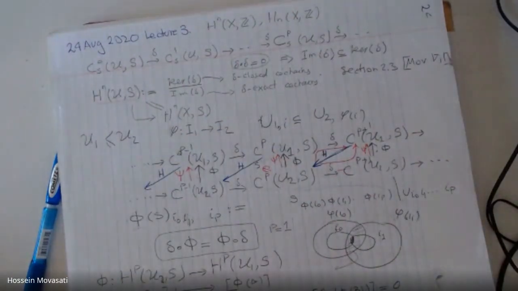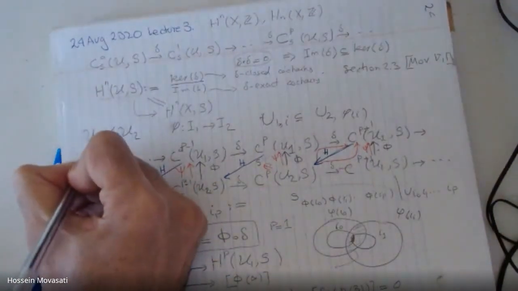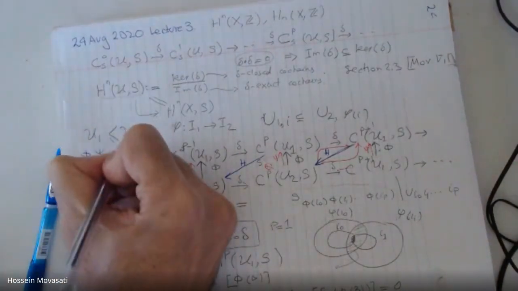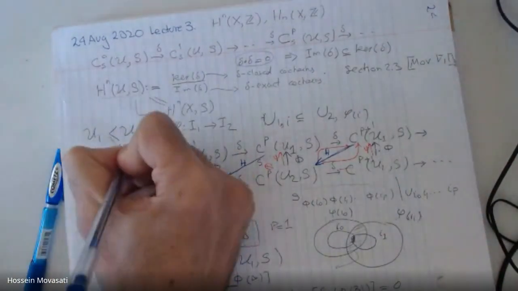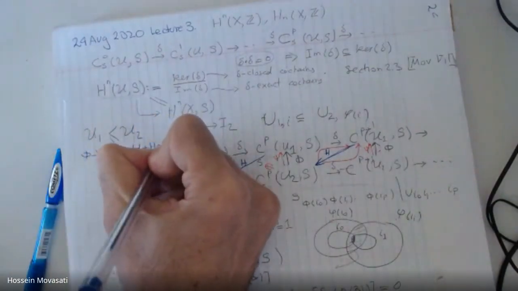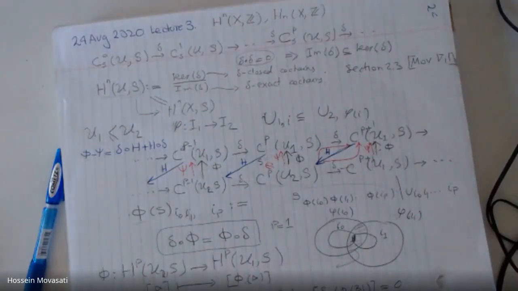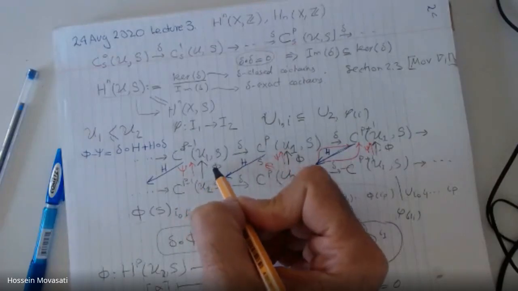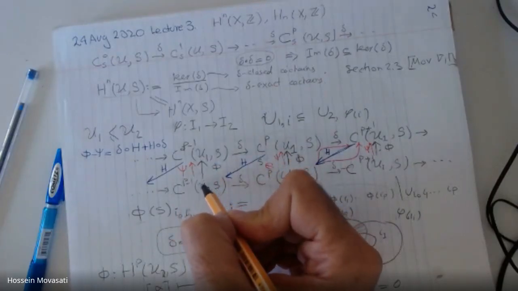If I construct these maps, the property that I need is this one: phi minus psi must be equal to delta H plus H delta. So let's analyze this one in the picture. First of all, since these are abelian groups, I have the map phi minus psi from down to top.